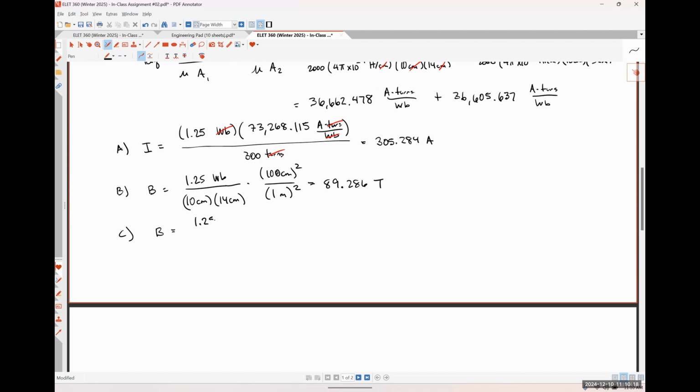That would be 1.25 Weber over 10 centimeters times 5 centimeters times 100 centimeters per meter quantity squared. And that comes out to be 250 Tesla, which is a ridiculously strong magnetic field, but we put 300 amps of current through something that seems okay.